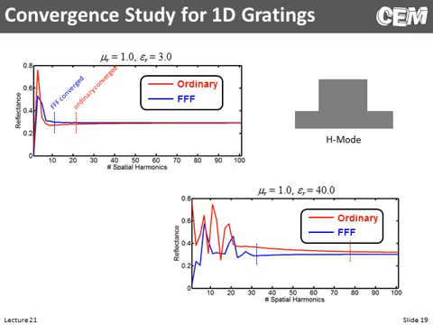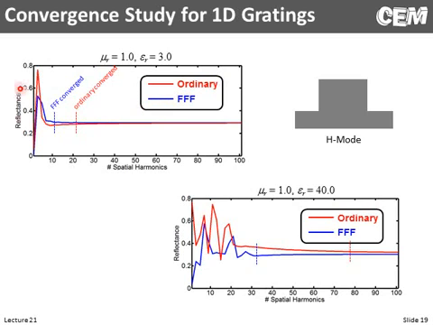So let's look at some convergence data from this. And I just did a simple binary grating. And I did 2 cases. One where the outside is air, and we go to a dielectric constant of 3. And then in the second case, we go from air to something with a dielectric constant of 40. And I'm comparing the convergence between the ordinary RCWA, as if we didn't do anything about fast Fourier factorization. And then in blue, we're showing fast Fourier factorization.